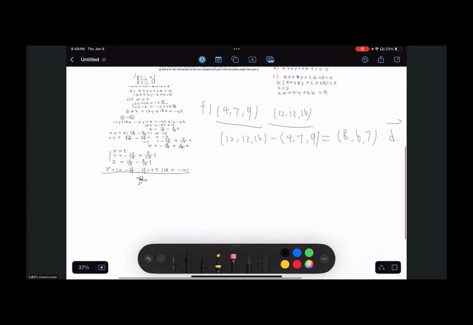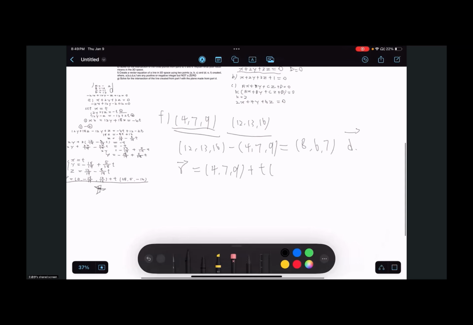And let's just use 4, 7, 9 as a point. So the vector equation for part F is point 4, 7, 9 plus t times 8, 6, 7.